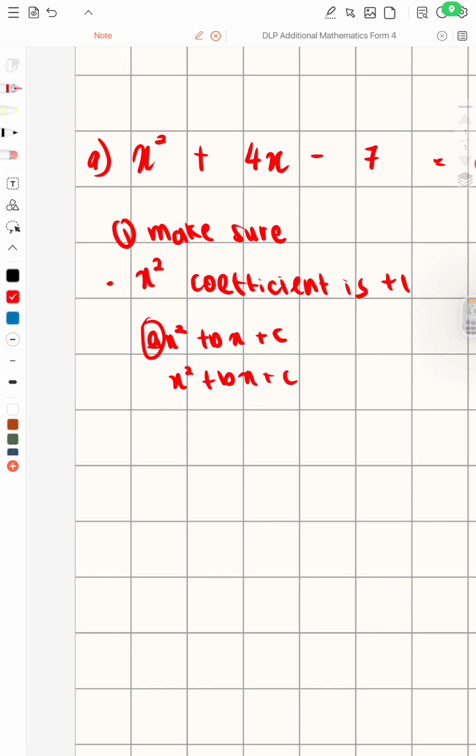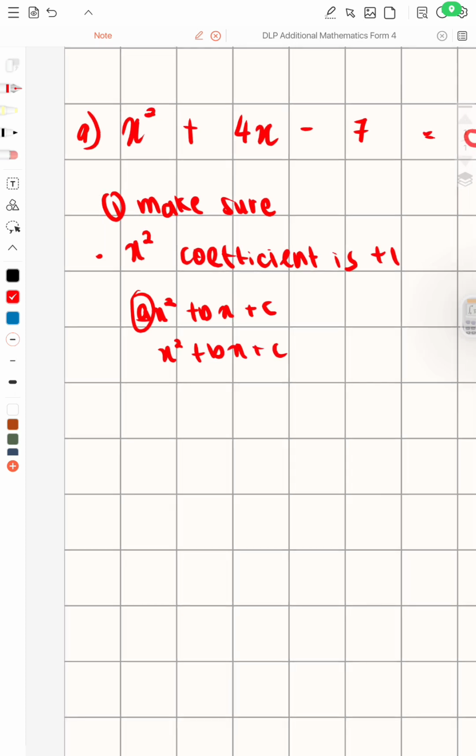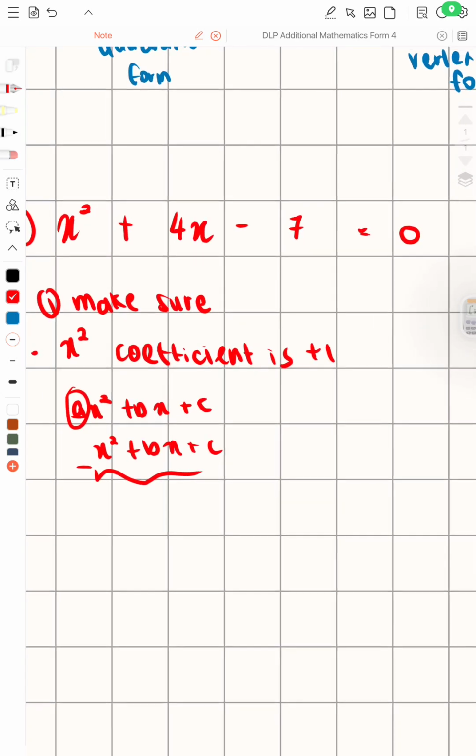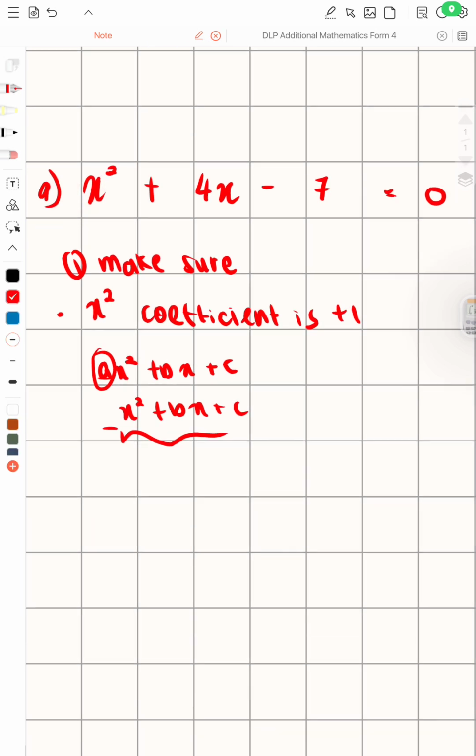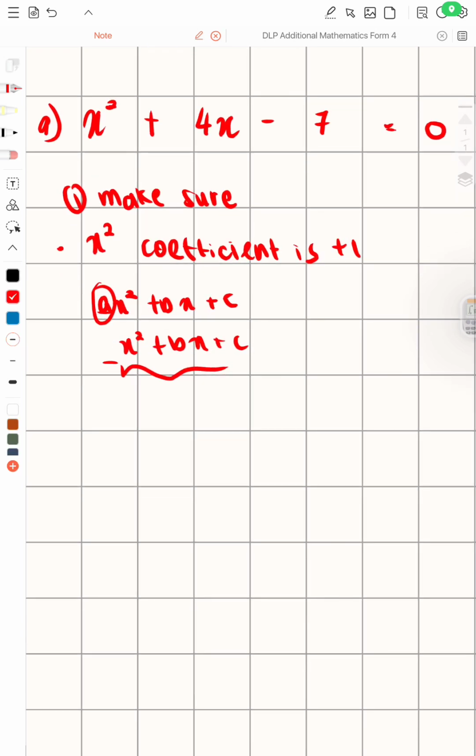You must make sure it's positive 1 x squared. It cannot be negative because that's the requirement. Usually you can disregard the value if it's positive 1, so you'll just see x squared in the equation. So we make sure it is positive 1, and therefore we can proceed with the next step.